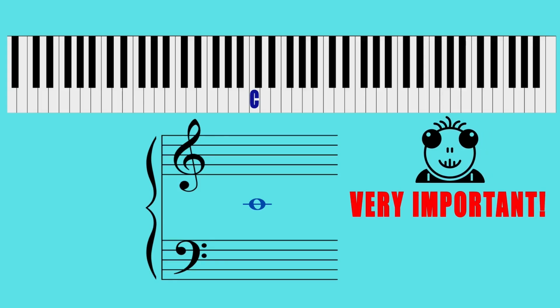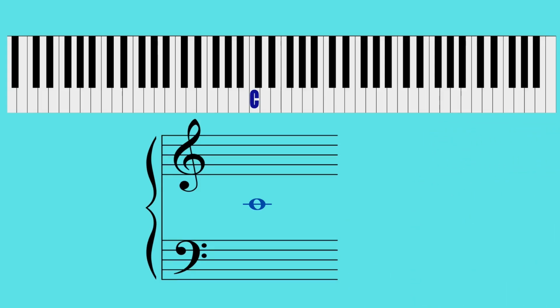Mid C is the only note that is in the same place on the staff for both clefs and is the same pitch on the piano keyboard. If notes go up from mid C, on the piano keyboard we go right. If you see notes going down from mid C, on the keyboard you go left.